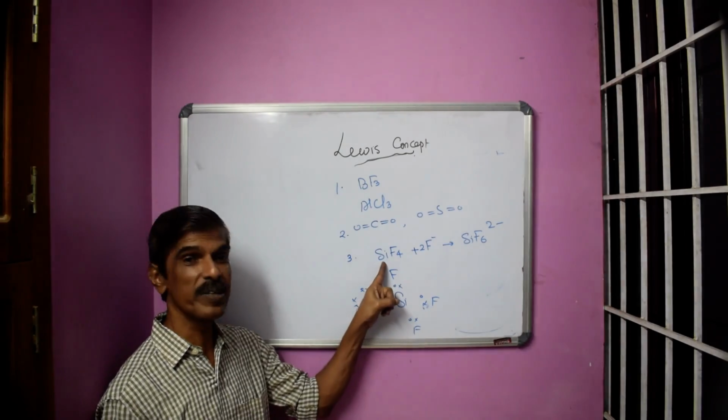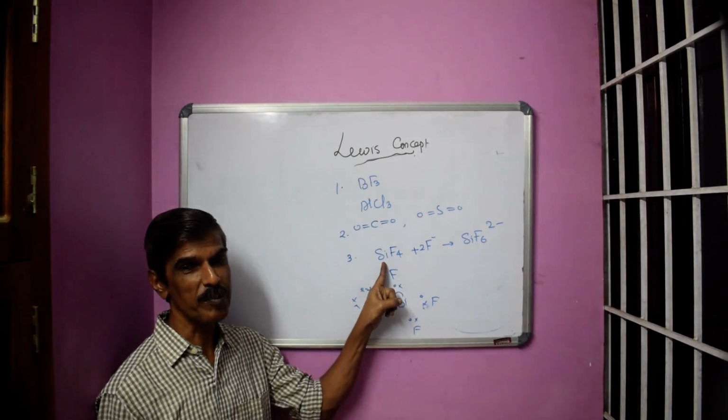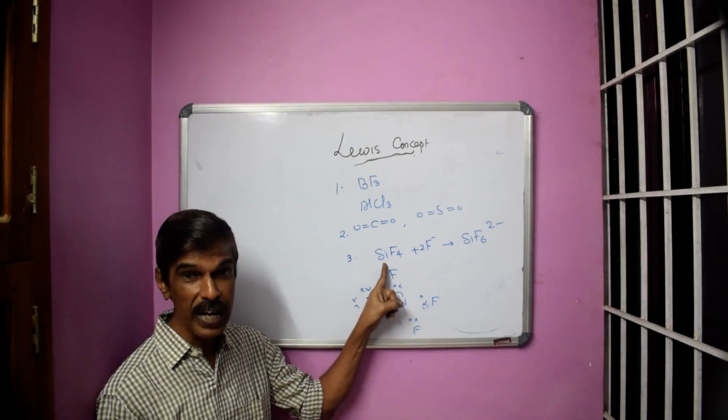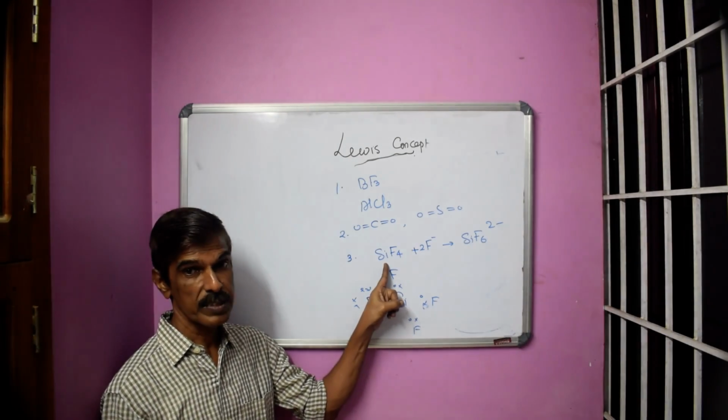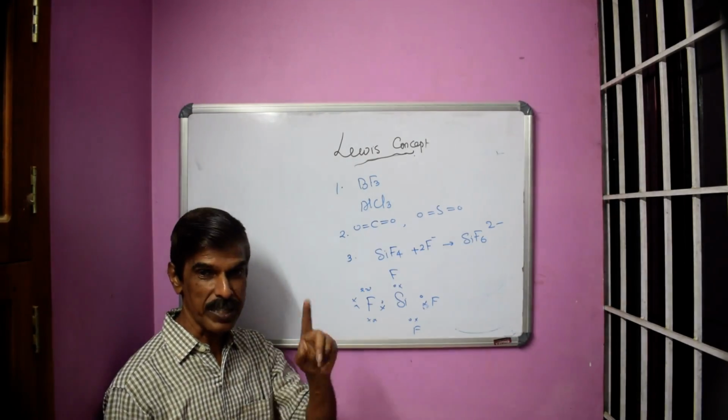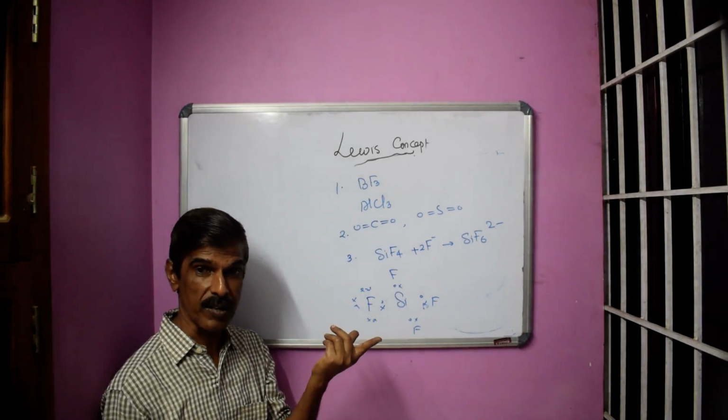This is not possible for say CF4 or CCl4 because it cannot expand its octet because of the absence of d orbitals. So SiF4 can act as a Lewis acid but CF4 or CCl4 cannot.